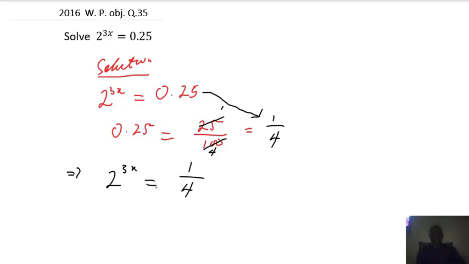Because we are dealing with indices, we need to write 4 in a base of 2. So this is going to be 2 exponent 3x equal to 1 over 2 exponent 2. And 1 over 2 exponent 2 is the same as 2 exponent negative 2.